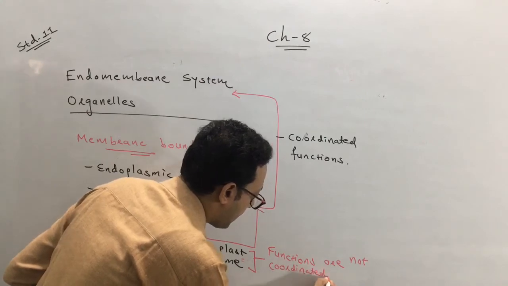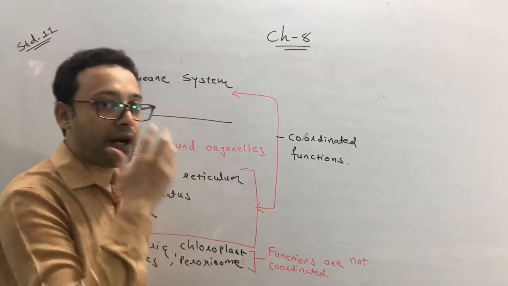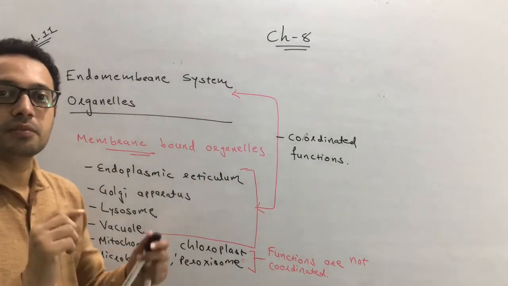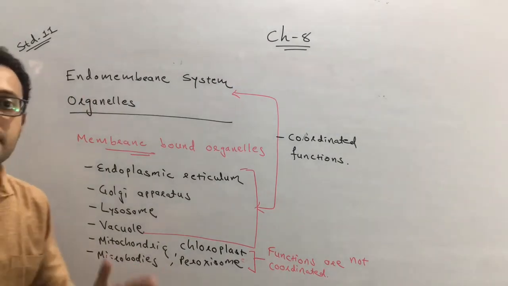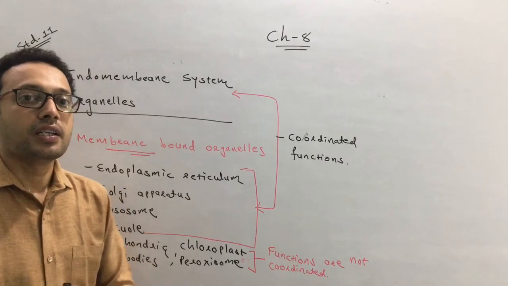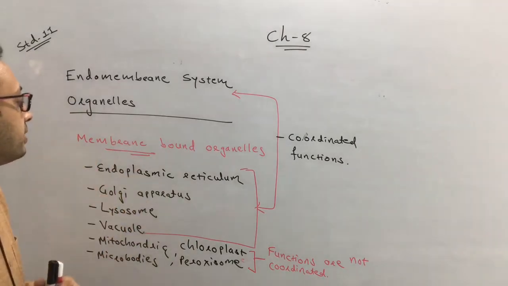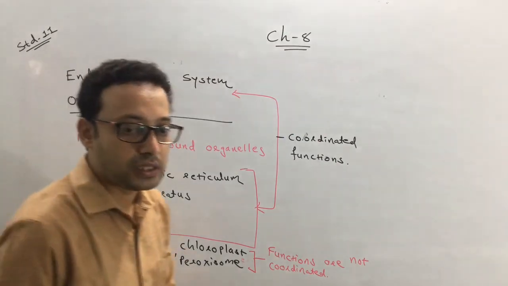So they are not a part of the endomembrane system organelles. They are membrane bound, but their functions are not coordinated, and that is why they are not part of the endomembrane system. Clear? So that is the difference.